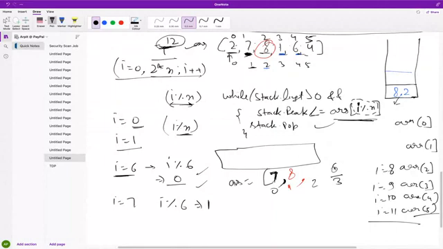Then push your 6 here, 6 comma 4. Now let's look at 4. Keep the 4 comma 5 here.